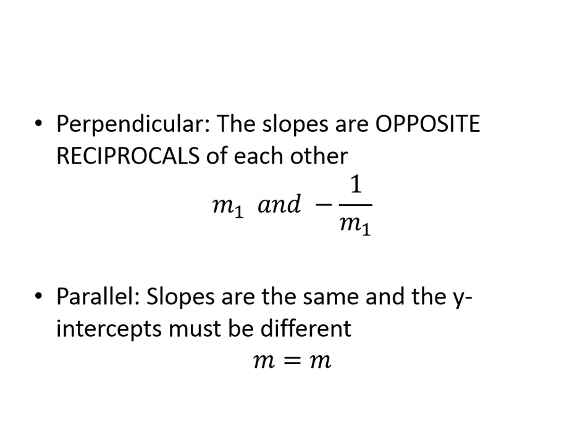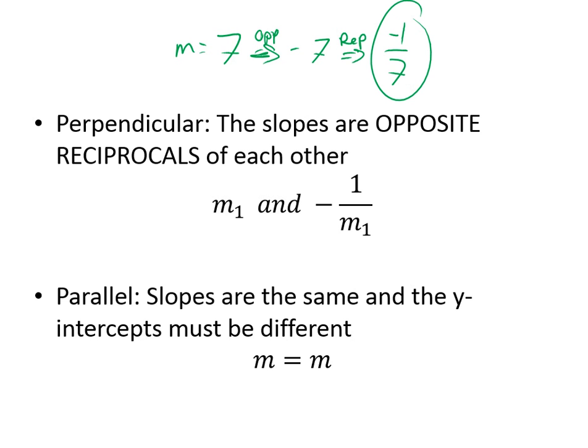Okay, perpendicular and parallel. If I give you a line and say I want something perpendicular to it, the slope is going to be the opposite reciprocal of it, which means if I give you a slope of 7, the opposite of it is -7, and the reciprocal is -1 over 7.